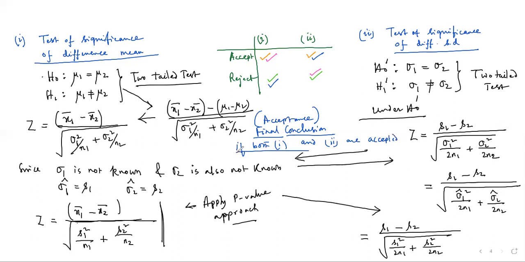If we see that in both the cases this is accepted and this is also accepted, then we are going to write the acceptance in the final conclusion.